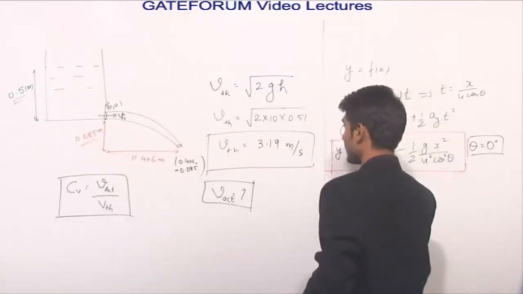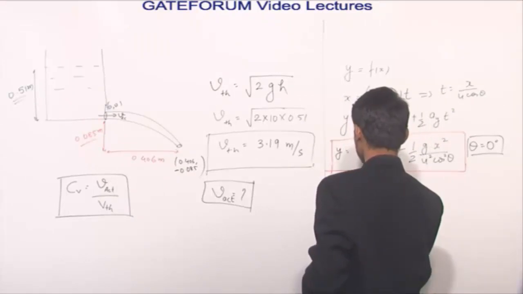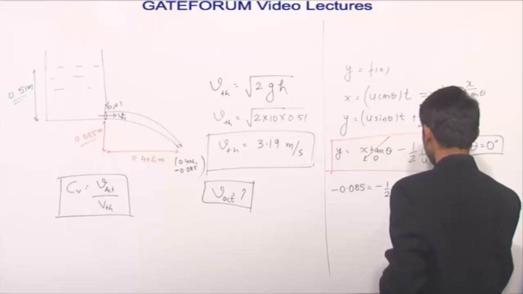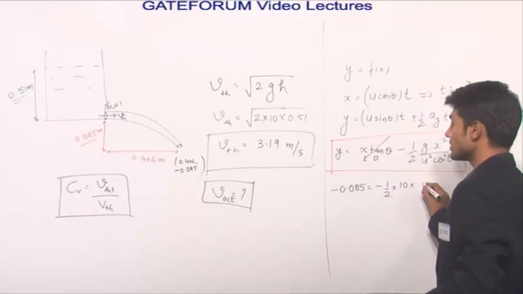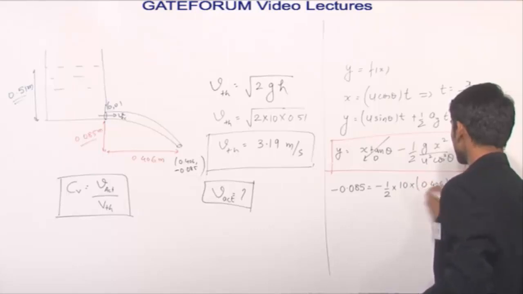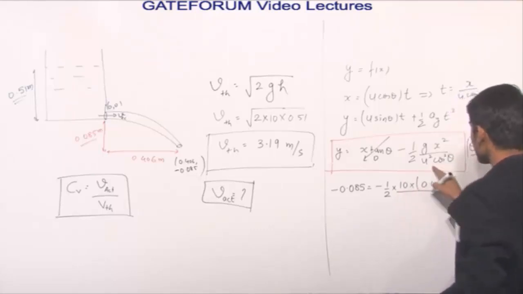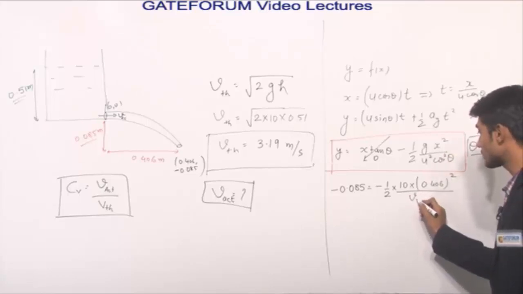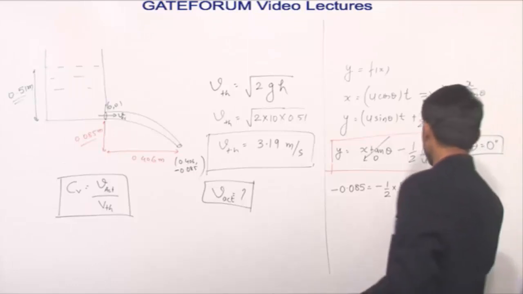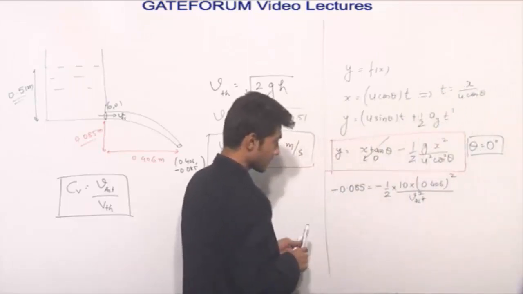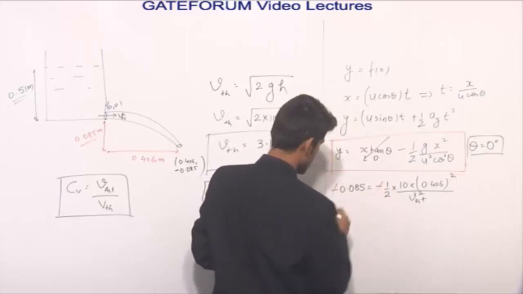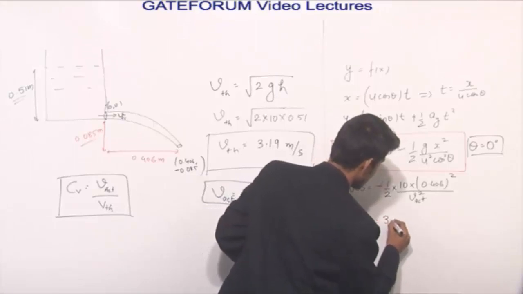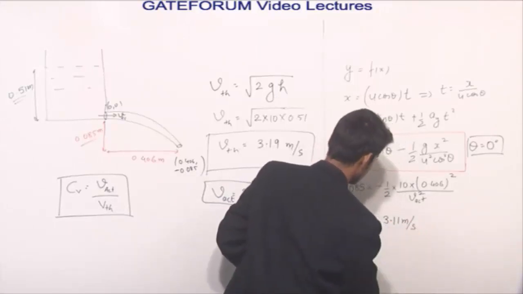So I can write 0.085 is equal to minus of half into value of g, I can take it as 10, x square is 0.406 square upon cos square theta, when theta is equal to 0 is 1. So u square, that is v actual square. From this equation I can solve and find v actual equal to 3.11 meter per second.